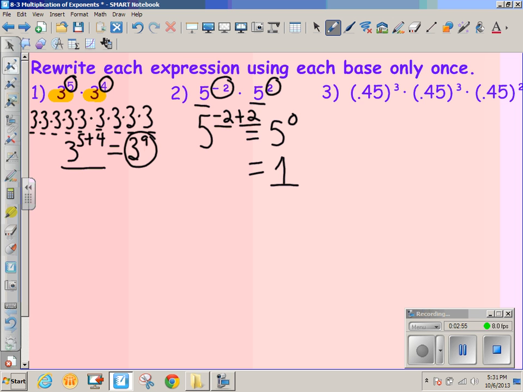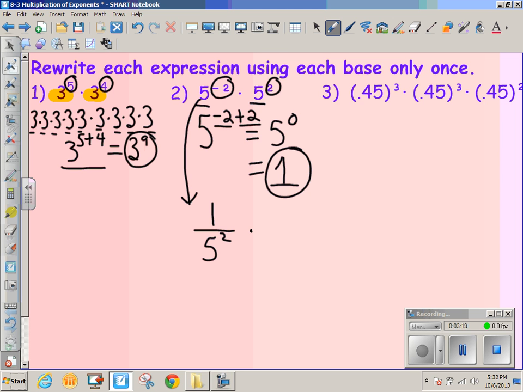Let's think about this for a second and how that answer works out. What I just did is exactly what you would need to do to show your work, but let's talk about another reason to do that. If I have 5 raised to the negative 2nd power, we know that we should write that as 1 over 5 raised to the 2nd, because a negative exponent becomes a positive exponent in the denominator.